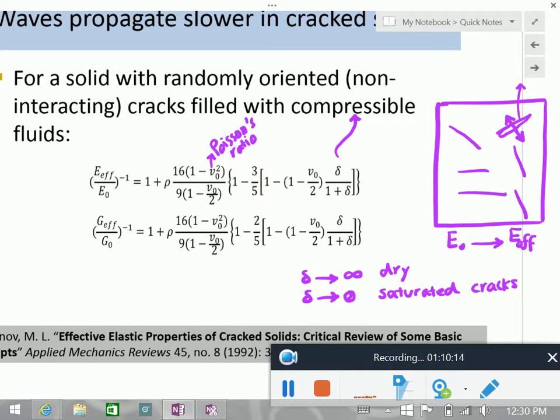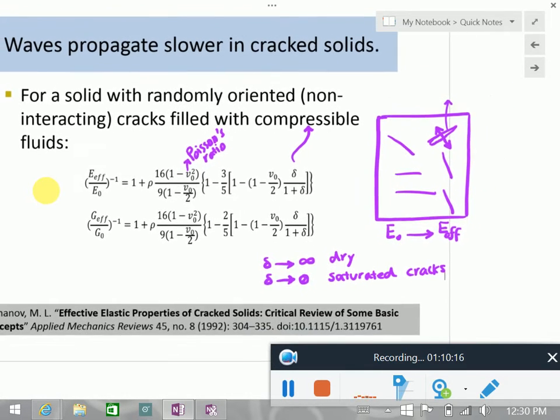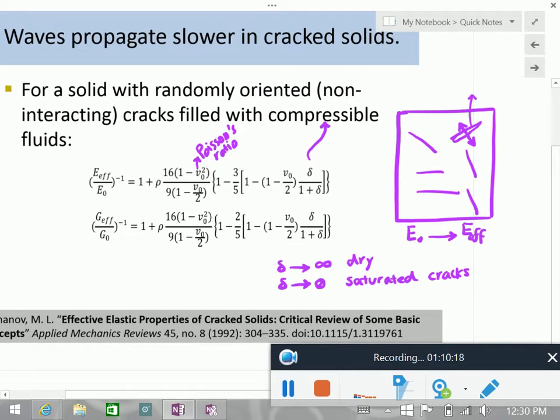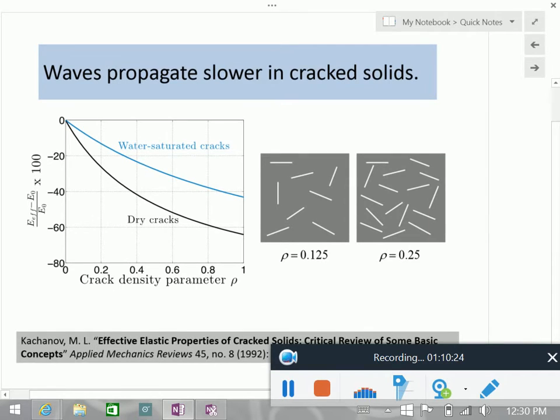So basically we know that the elastic constants are changing when we have a distribution of cracks. So I've plotted here for you this same equation with the same assumptions.